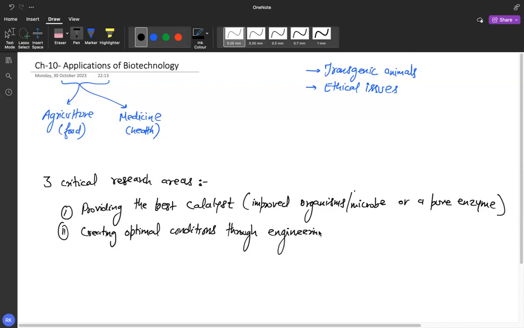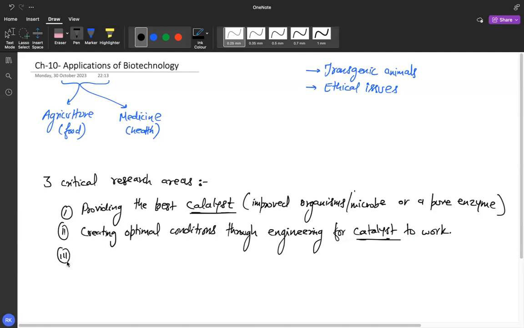And this includes all sorts of engineering: chemical, mechanical, electrical, software, everything. Through engineering for the catalyst. So this is the same catalyst that we have talked about here, for the catalyst to work. Okay, this is the second thing.